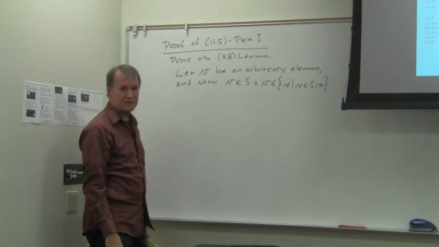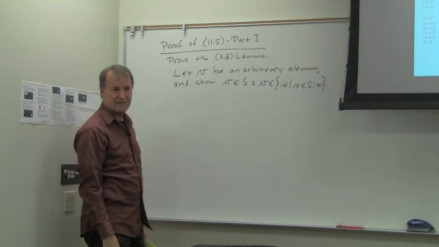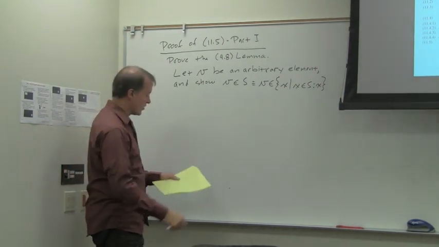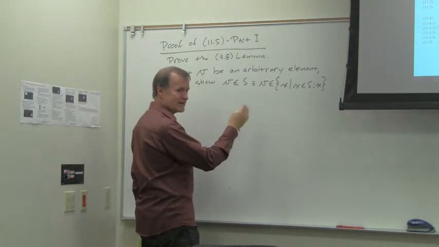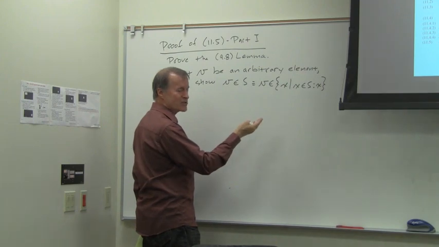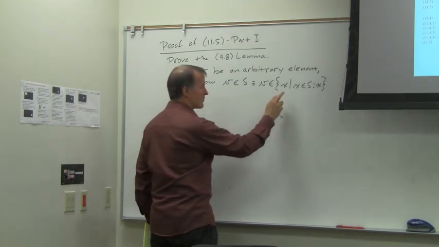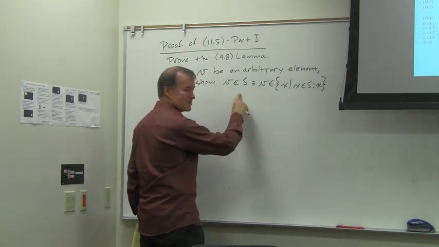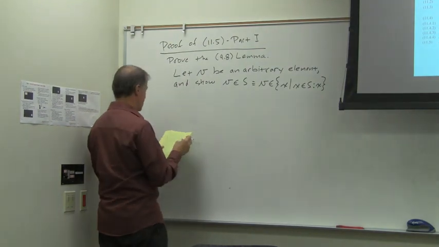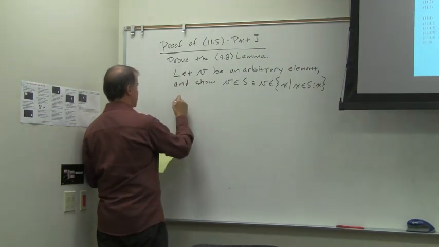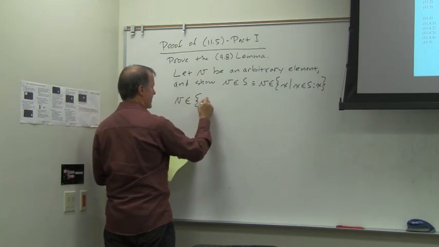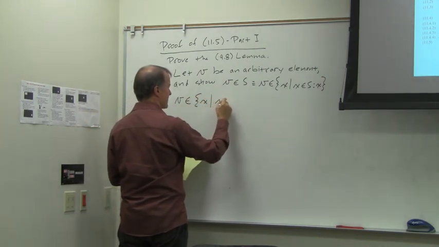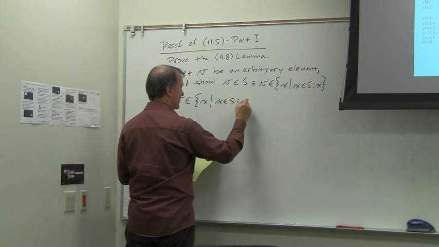Are you with me? Now, how do we prove these two things? Let's get one side equal to another side. Let's start with the right side because it's more complicated, and see if we can get that to be this. We'll say V is an element of the set X, range X is an element of S, body X.